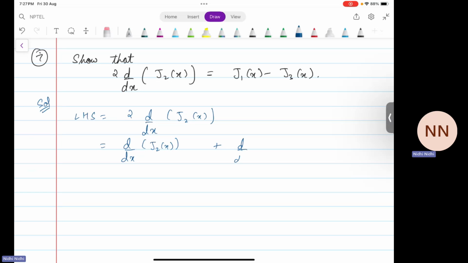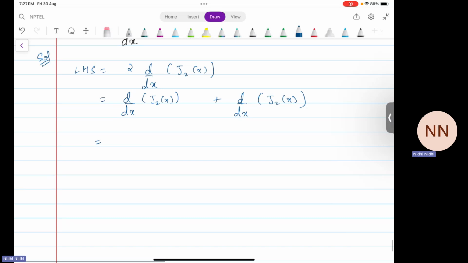Now with J2 we need x square, so we'll just multiply it by x square and x to the power minus 2, plus d by dx of x to the power minus 2 times x square J2 of x.